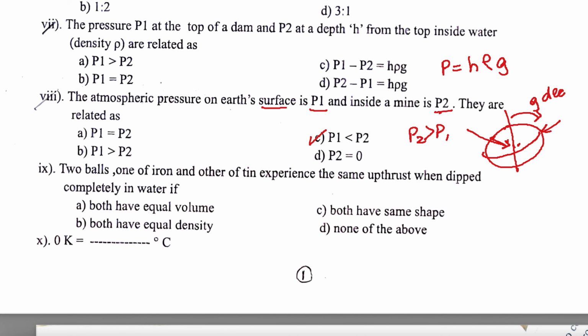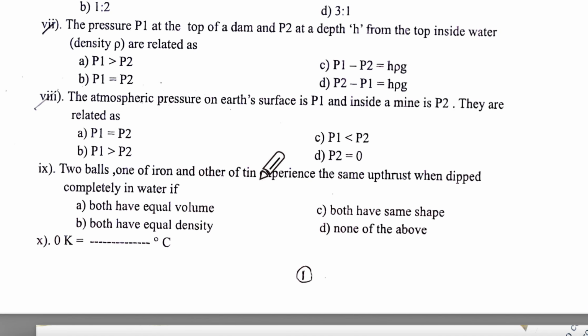Two balls, one of iron and the other one of tin, experience the same upthrust when dipped completely in water. Same upthrust means it will be same.